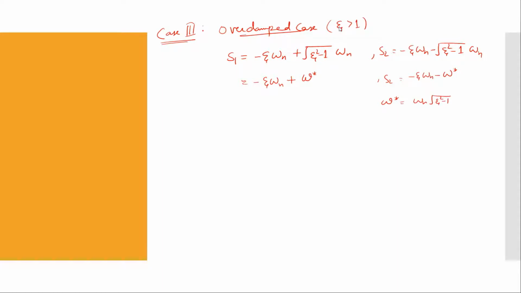So it is different from omega d, where in the last cases we have considered omega n into under root 1 minus xi square as omega d, but we are taking omega star as omega n into under root xi square minus 1. So for simplicity we have just written with this notation.